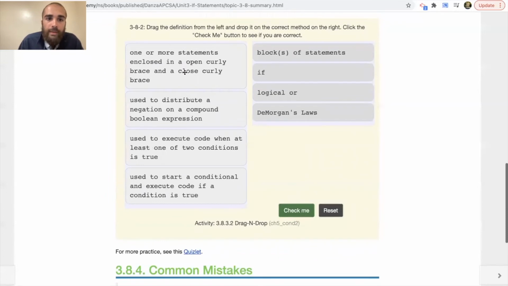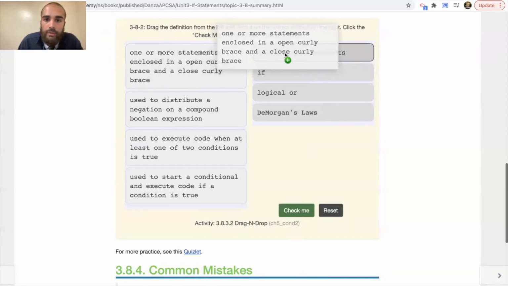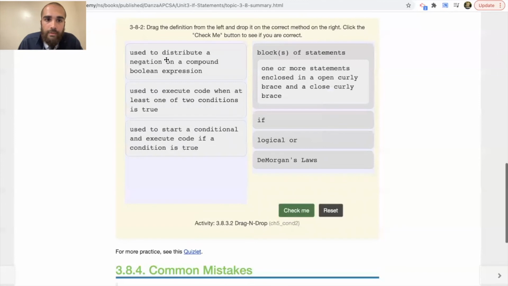It says one or more statements enclosed in an open curly brace and a closed curly brace, used to distribute a negation on a compound Boolean expression, used to execute code when at least one of the two conditions is true, and used to start a conditional and execute code if a condition is true. Okay, so one or more statements enclosed in an open and close, those would be blocks of statements.